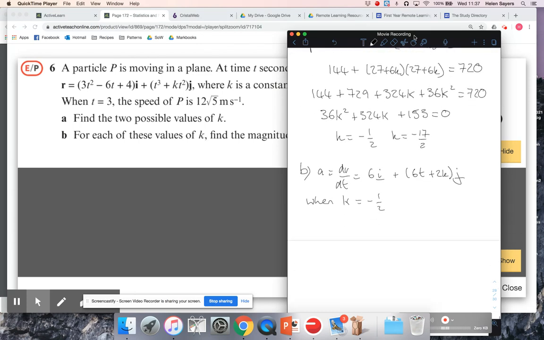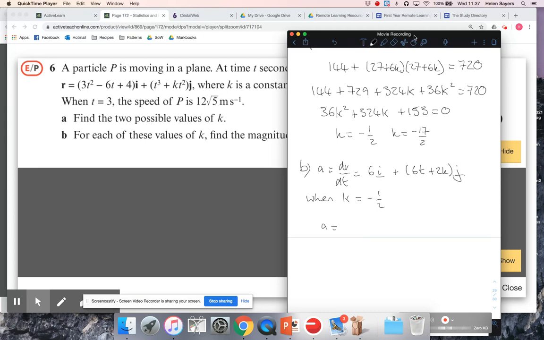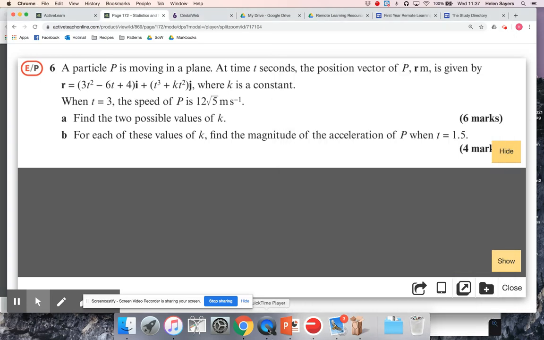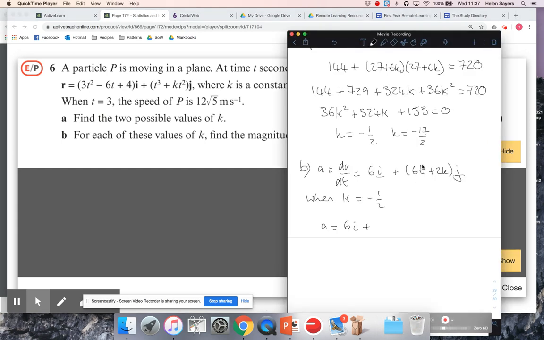So when k is minus a half, the acceleration is 6i plus, t is 1.5, so 6 times 1.5 is going to be 9, and if k is minus a half, 2k is going to be minus 1, so 6i plus 8j.